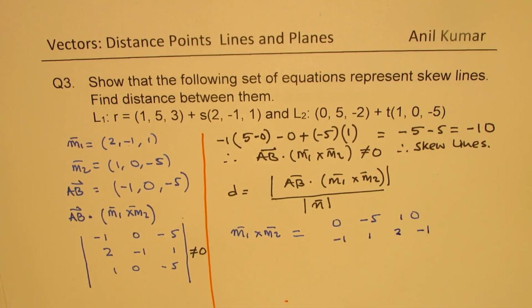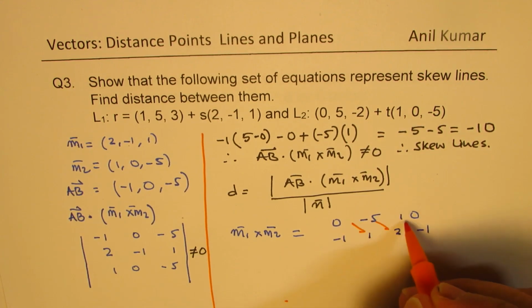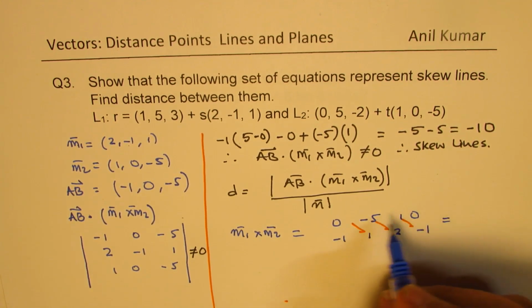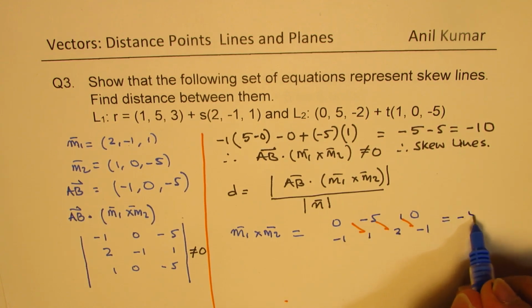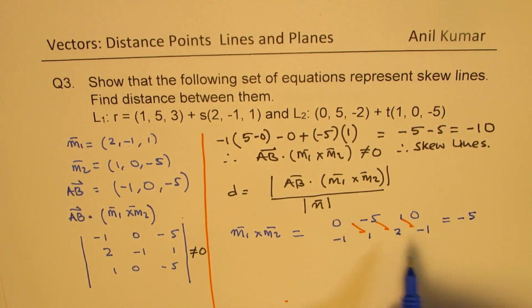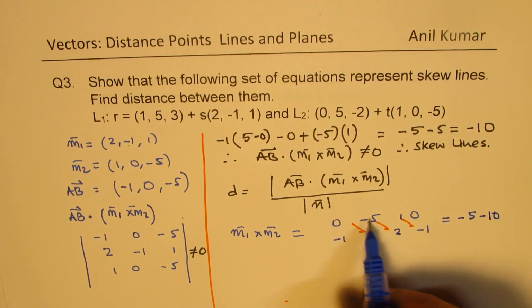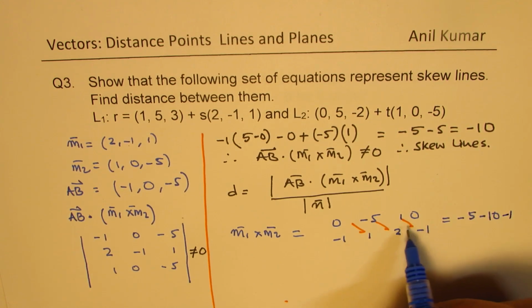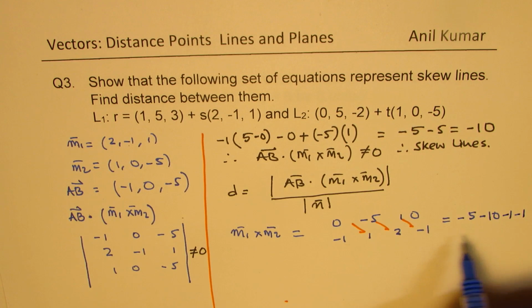These terms are positive, those are negative. So that gives you 0, and minus of this will be minus 5. Now here we get minus 10, 2 times 5, and that is minus, so we have minus 10, and this is minus of 1. And that gives me again minus 1, that is 0.